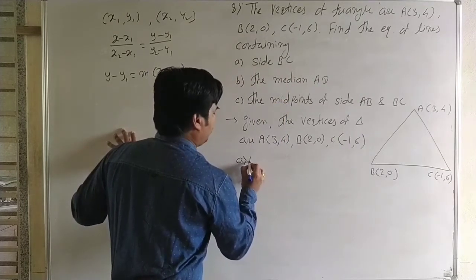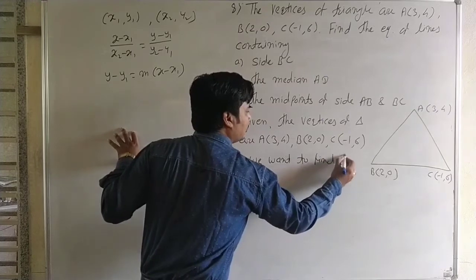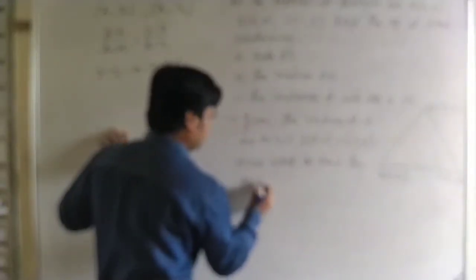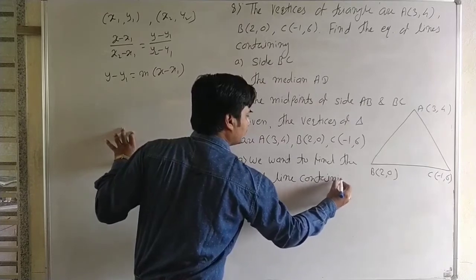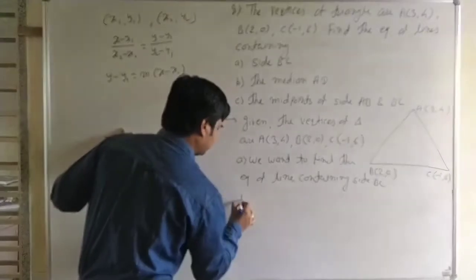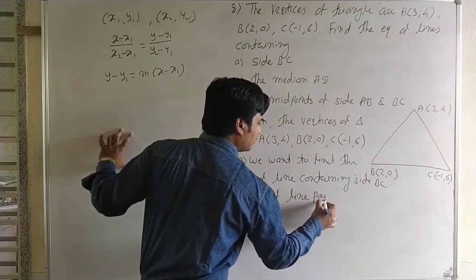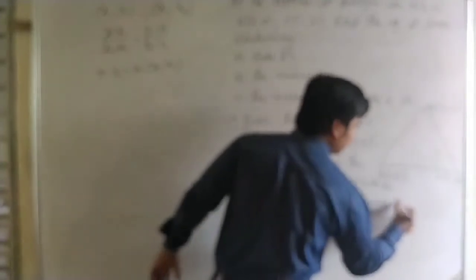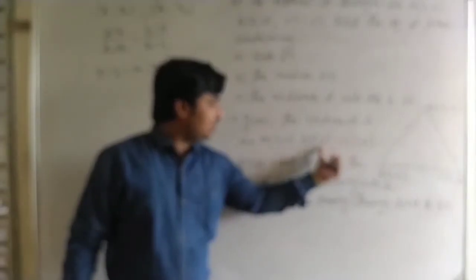Therefore here we want to find the equation of the line containing side BC, that is the equation of the line passing through points B and C. B is (x1, y1) and C is (x2, y2).